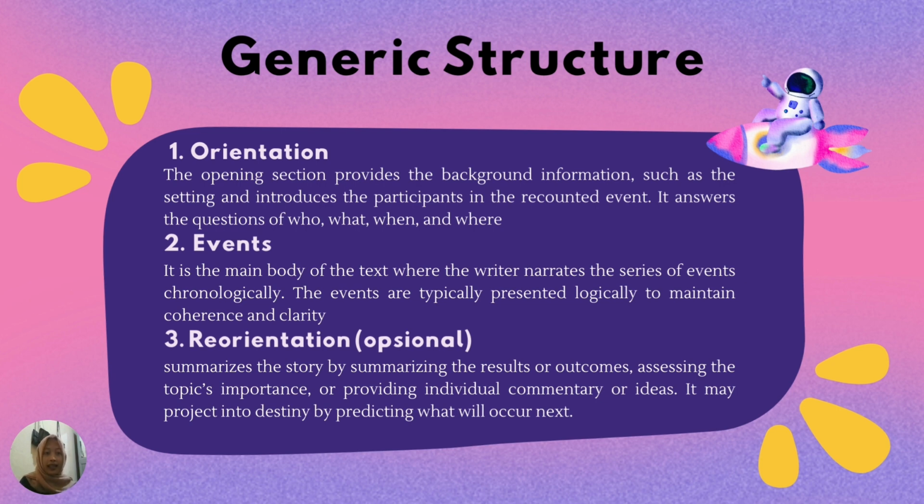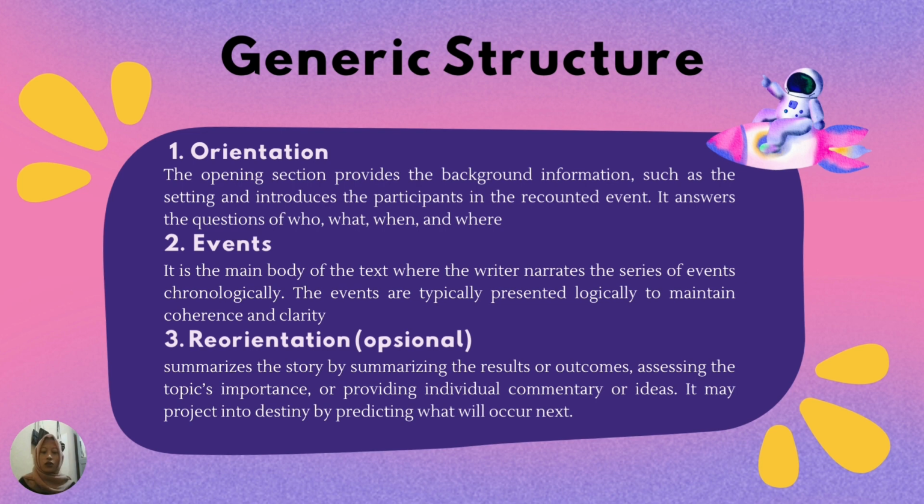Second is events. Events is the main body of the text where the writer narrates the series of events chronologically. The events are typically presented logically to maintain coherence and clarity. The third or the last structure of recount text is reorientation. This is the optional part.